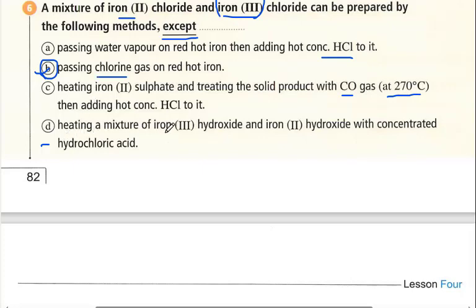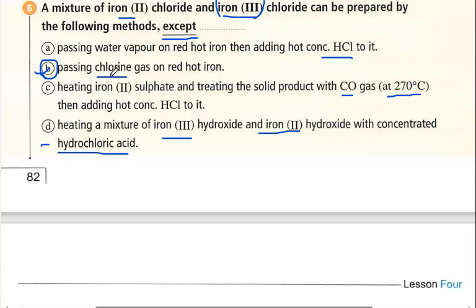Here, heating a mixture of iron 3 and iron 2 hydroxide and then reaction with conc hydrochloric acid will produce both iron 2 and iron 3 chloride.